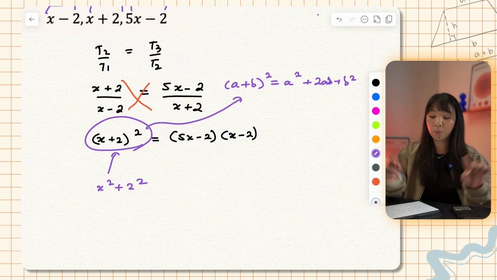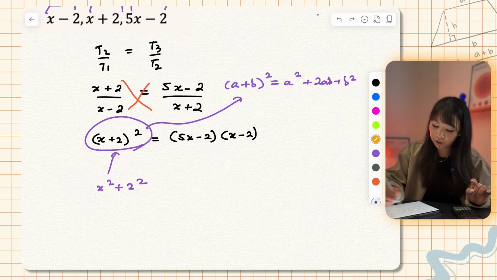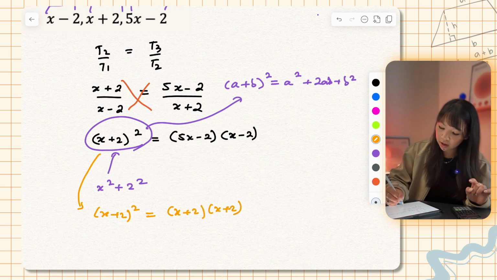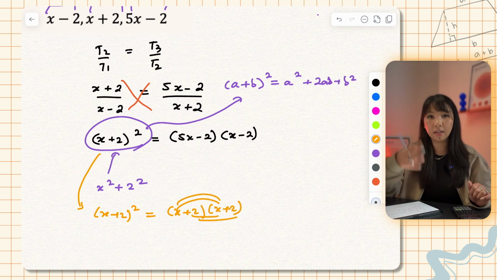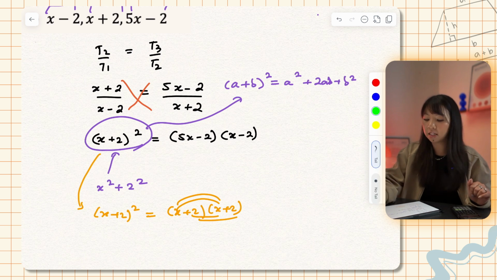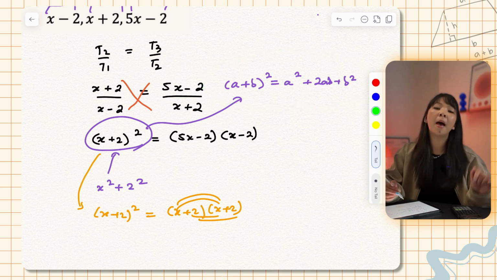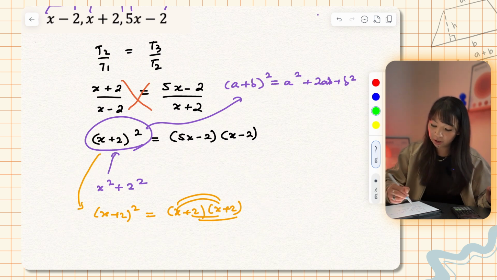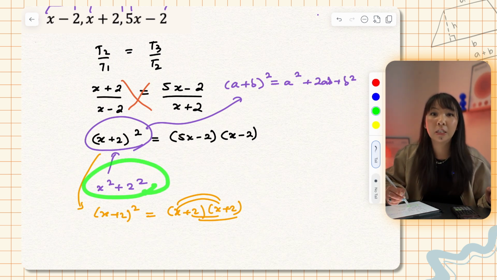If you don't know this expansion, I would much rather you just break down x plus 2 all squared into x plus 2 times x plus 2 and then manually expand and simplify it. Best case scenario, I want you to remember the formula, but otherwise this is also acceptable. This here will make teachers cry.